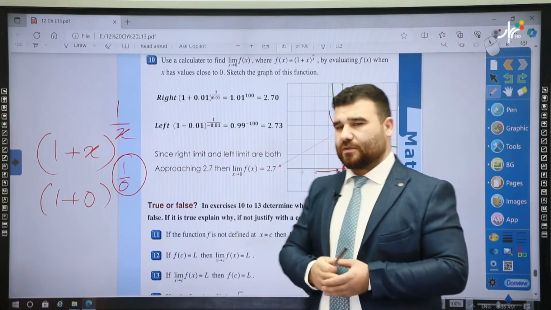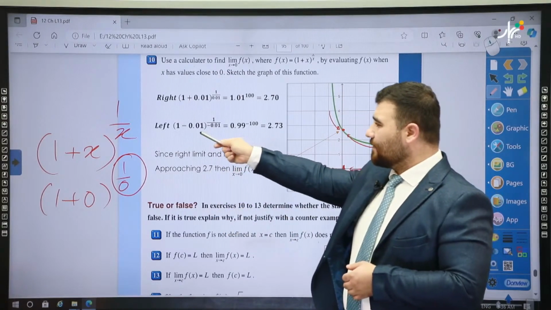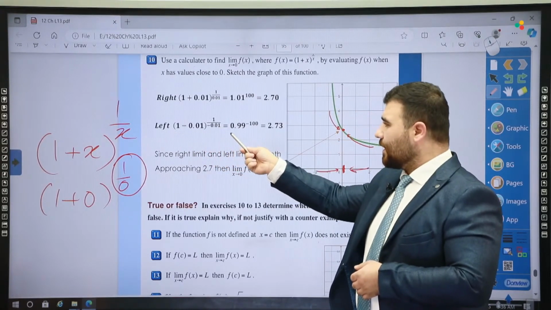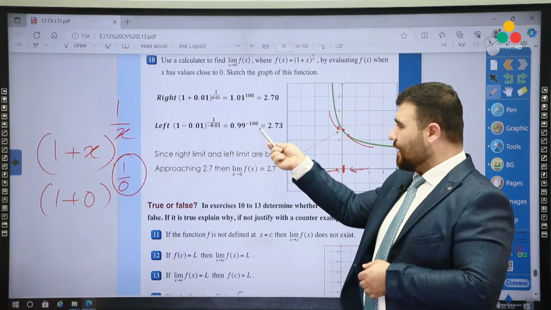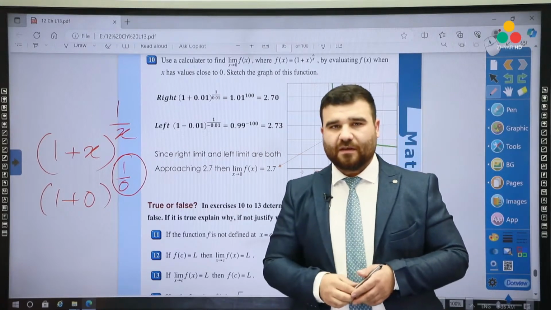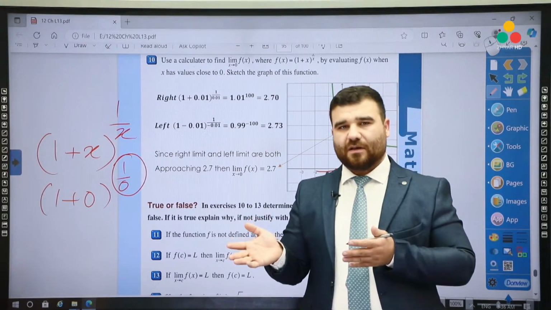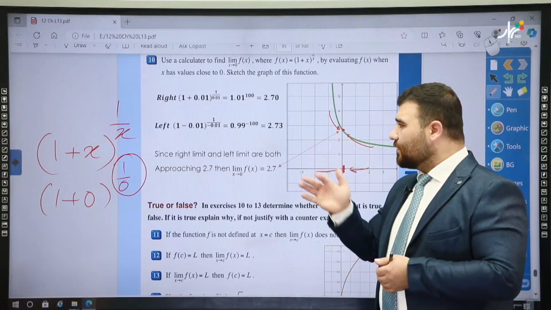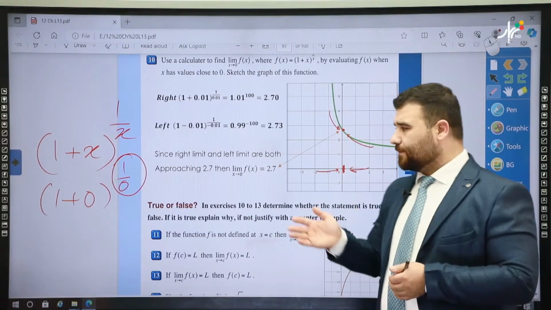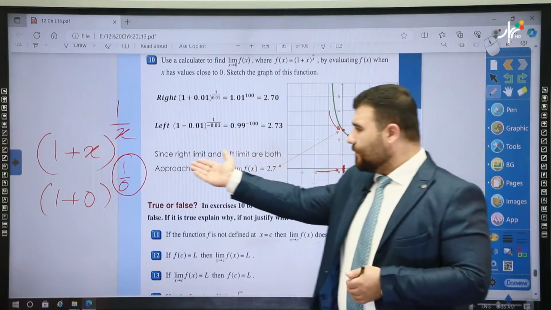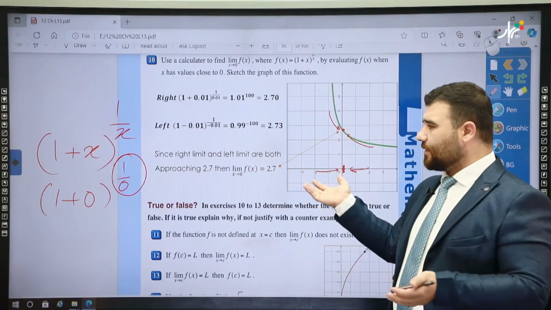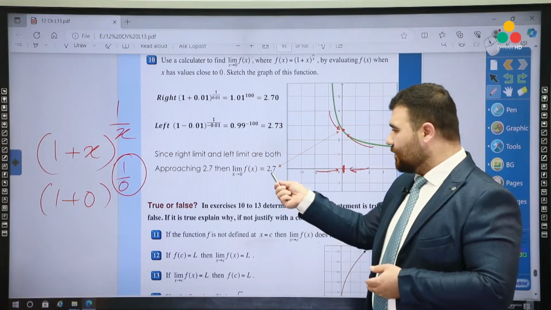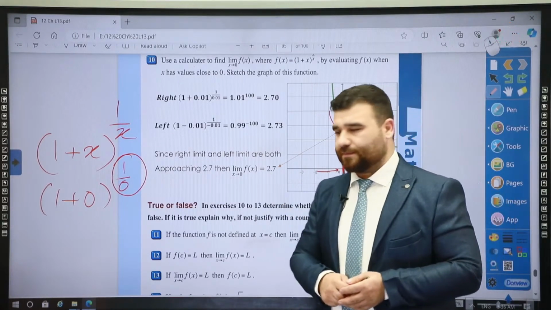Then if I replace x by negative 0.01, I will get something like this calculation. By calculator, we get this, and it's equal to 2.73. This means on both sides of 0, the graph is approaching 2.7, 2.71. Then, since the right limit and left limit are both approaching the same number, the limit at 0 exists and it's equal to 2.7.